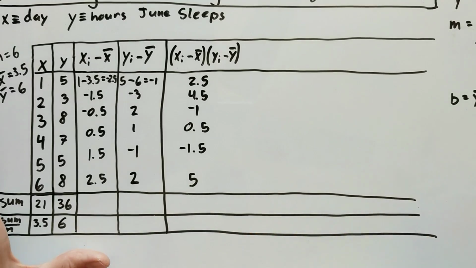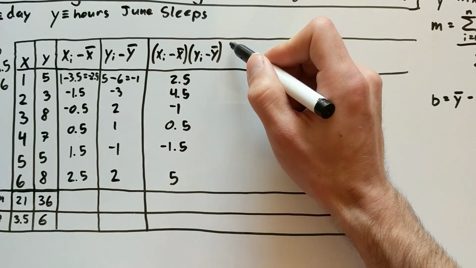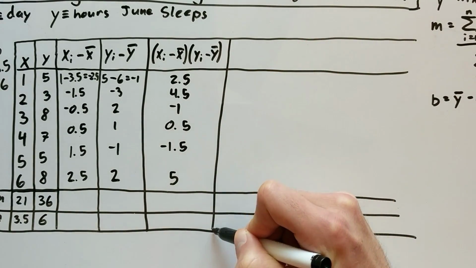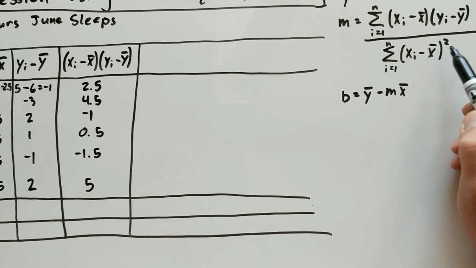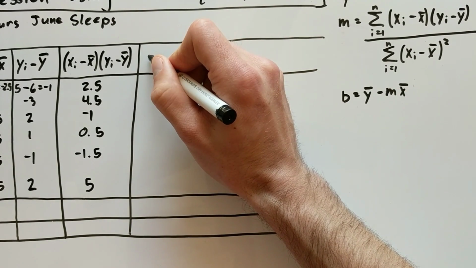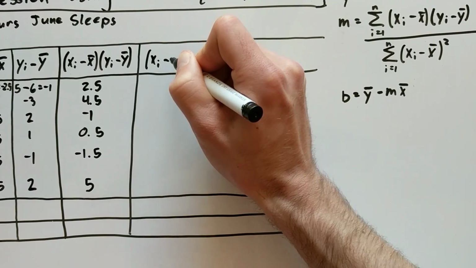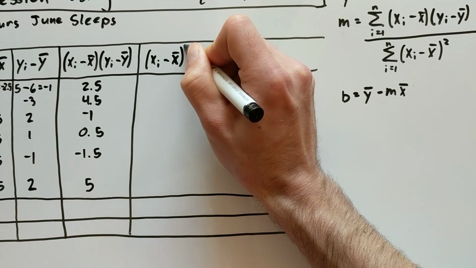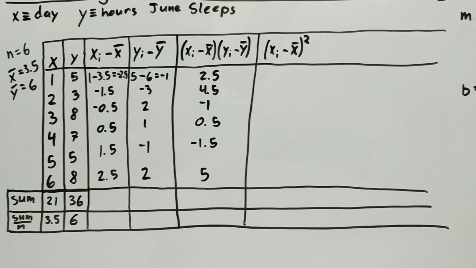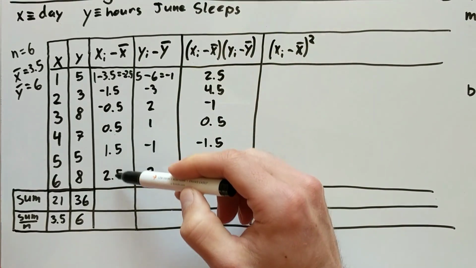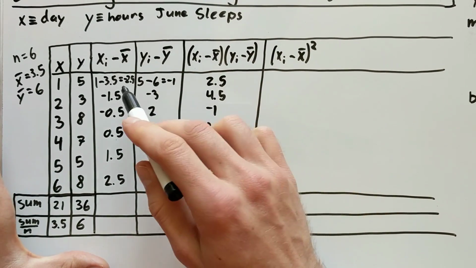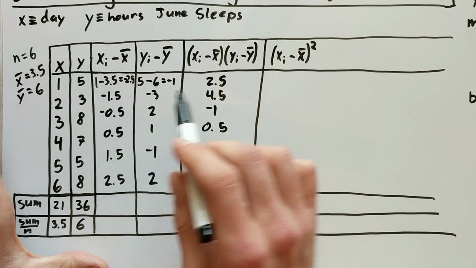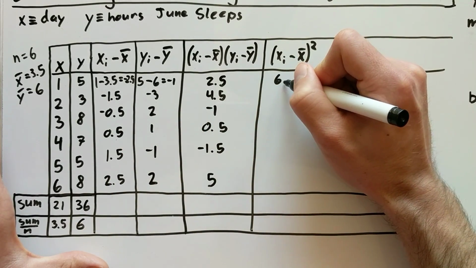Okay, so finally, with these columns, let's do one more. We'll do xi minus x bar squared. This one is just the values in this column squared. And this one I needed a calculator to do, so I encourage you to do that as well. I'm going to just copy them over from what I've previously calculated.